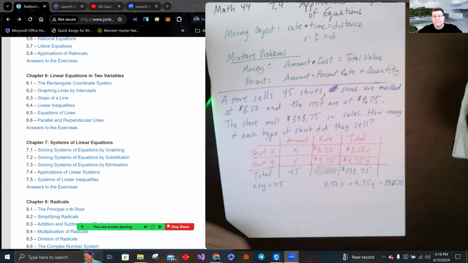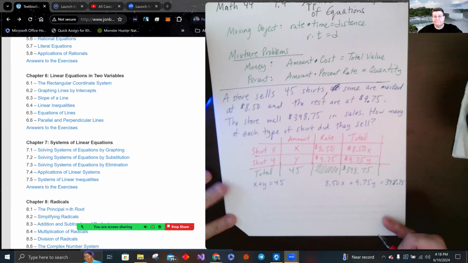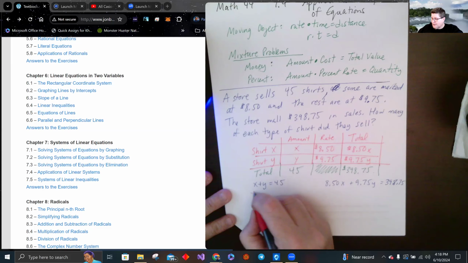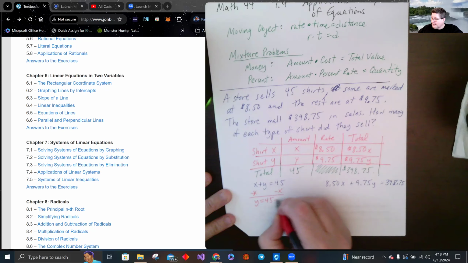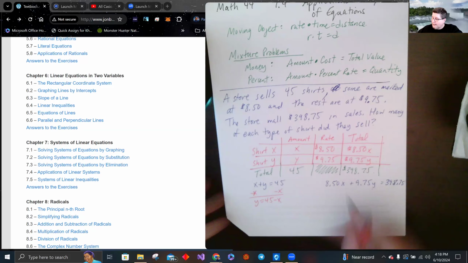I think this is a good problem for substitution. I will subtract X here, and I get Y equals 45 minus X, which I will put there.